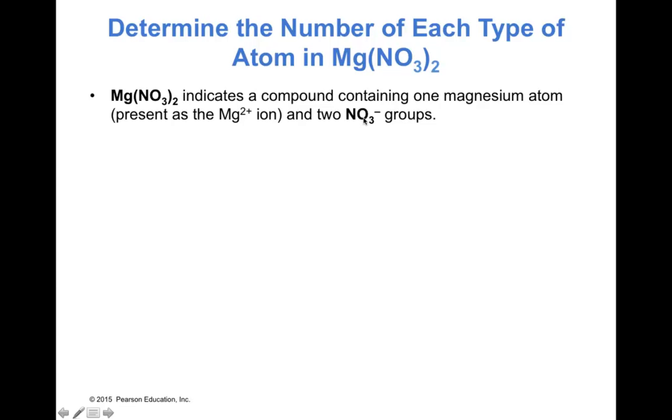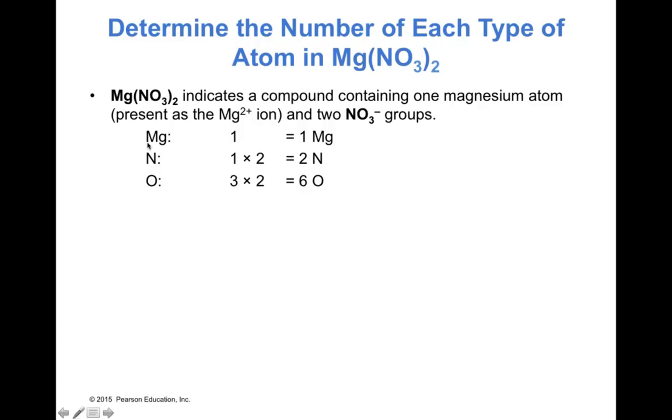So if we need to determine the number of atoms for this molecule, magnesium nitrate, we have 1 magnesium, and in nitrate we have NO3, so we have 1 nitrogen for each polyatomic ion. But because we have this 2 subscript outside the parentheses, that means that we have 2 of this polyatomic ion.